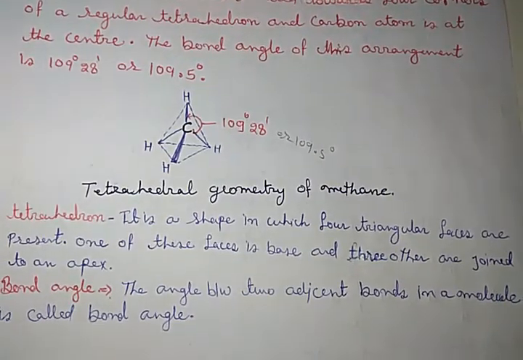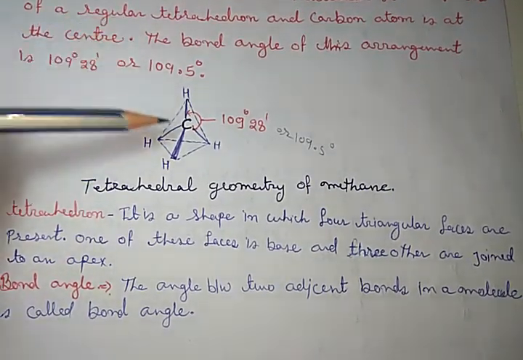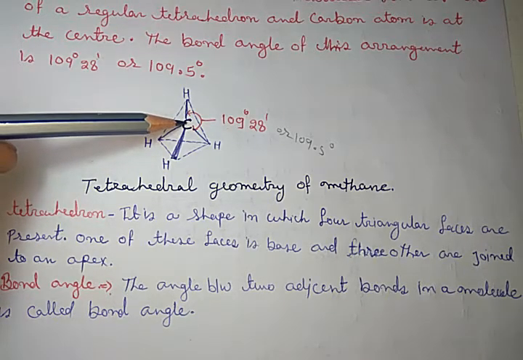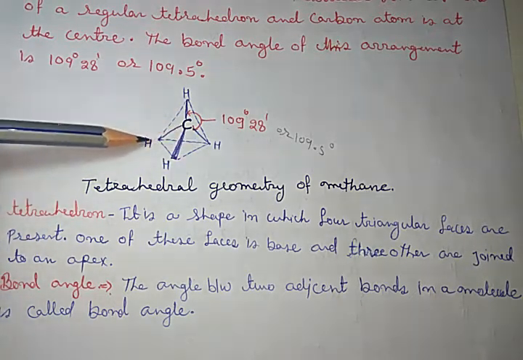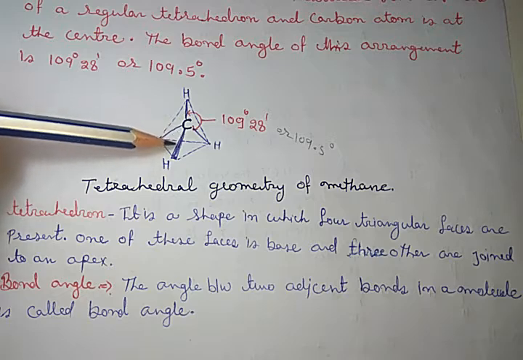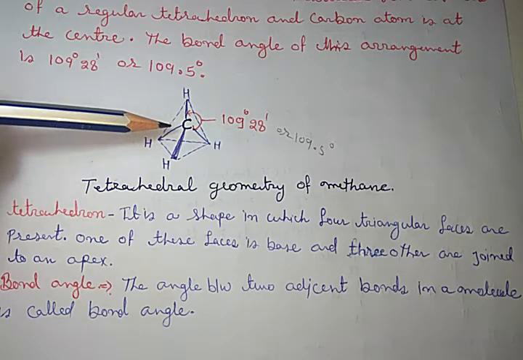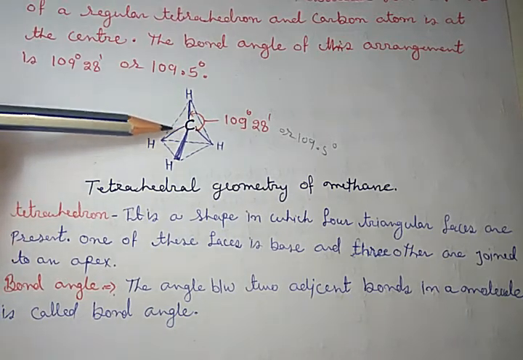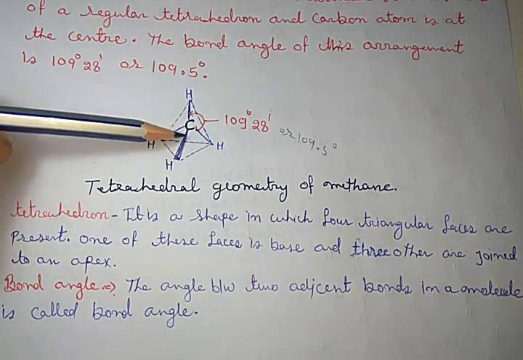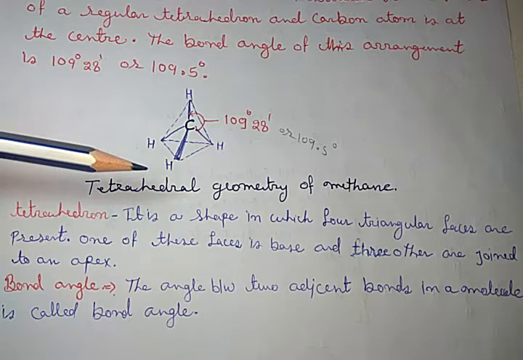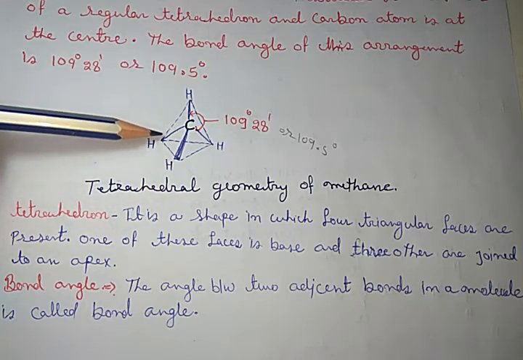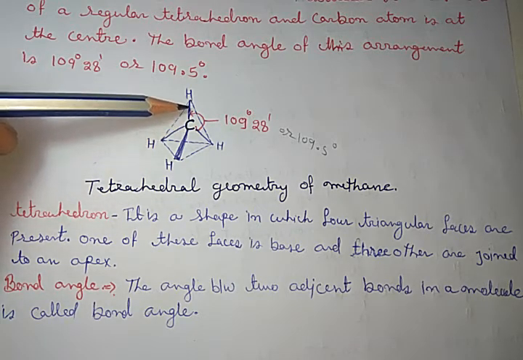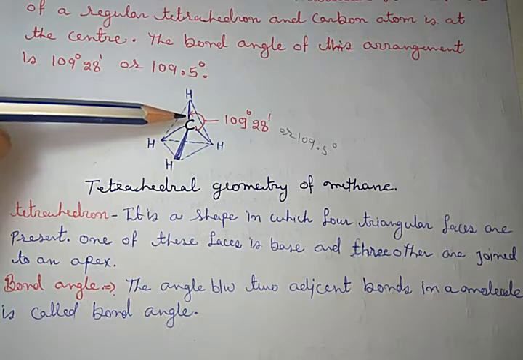at an apex. Got it? If you consider this, carbon is here, one valency, two valency, three valency, and fourth. To understand it, you can consider that these three valencies are on paper and that fourth one is outside of the paper, and when we combine them with the carbon, then there are four triangular faces.